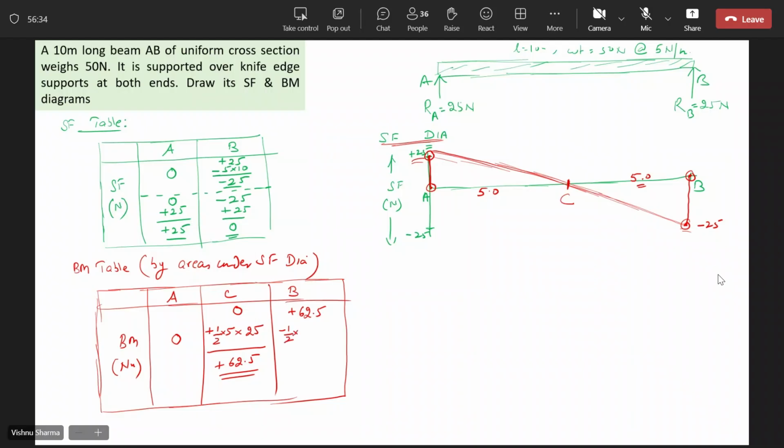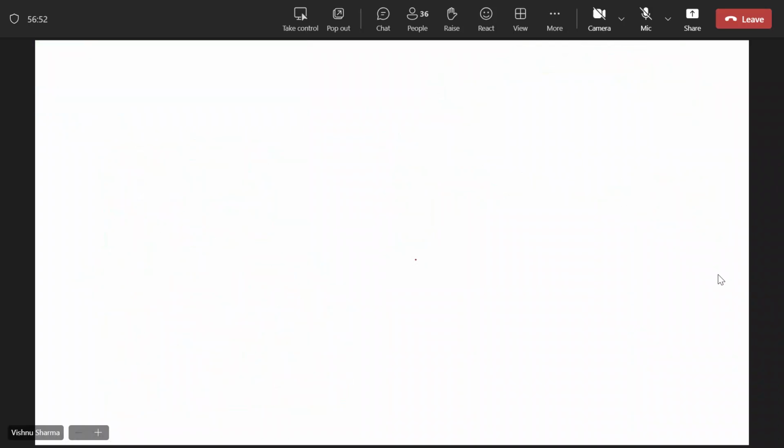So minus half into 5 into 25, making it 0. Yes or no, beta? Tell me. Correct, class? Yes, sir. Now we are on to making the BM diagram. Guys, I'll give you 5 seconds to review the BM table if anybody has any questions.